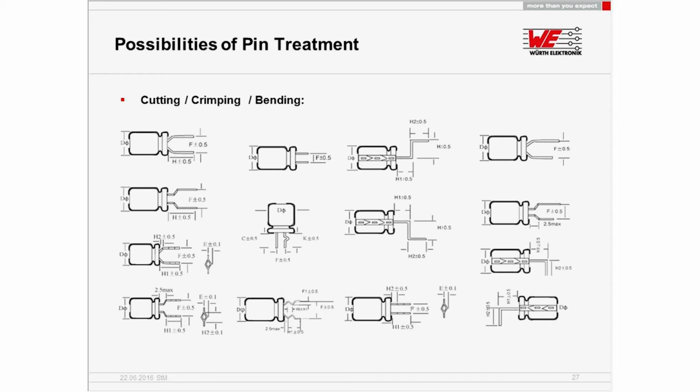This is also one of the possibilities when you cut pins to avoid any wrong polarization, or also bending with 90 degrees is something customers like to do if you want to switch the thickness of the cap to the height, so you bring it flat on the PCB and the component is not that high anymore. This is also an option some customers like to go. So just some hints what you can do in case of cutting, crimping or bending.